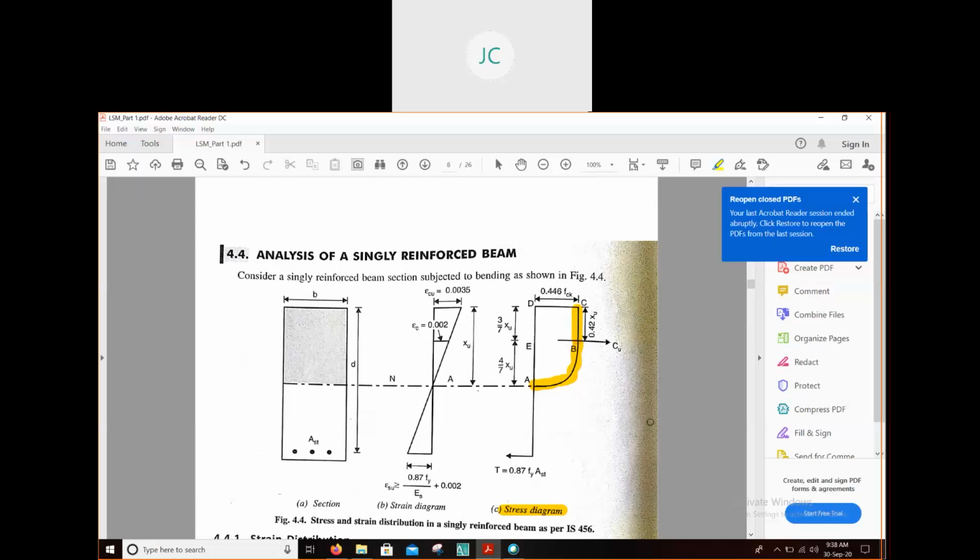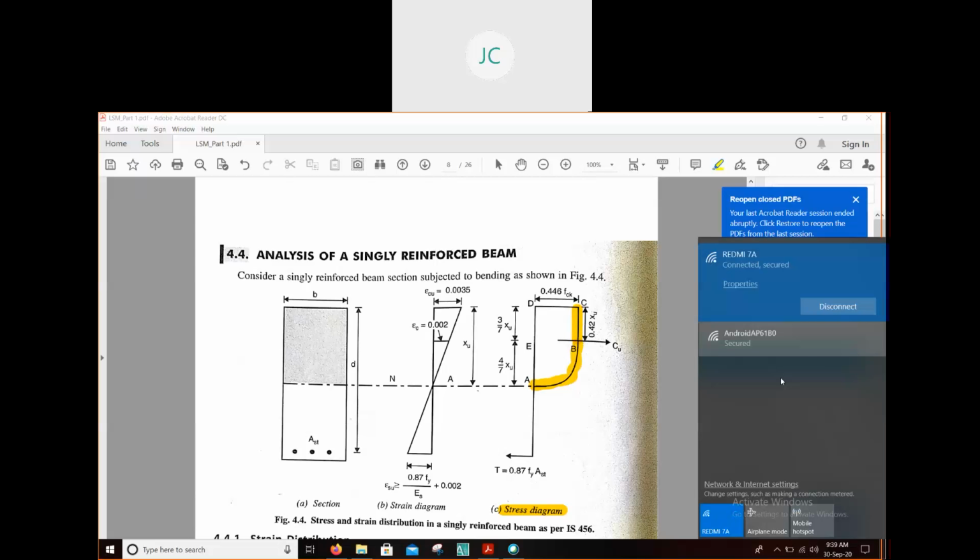Remember this diagram. From here it will start, then it will be parabolic. At this point, it will become straight.